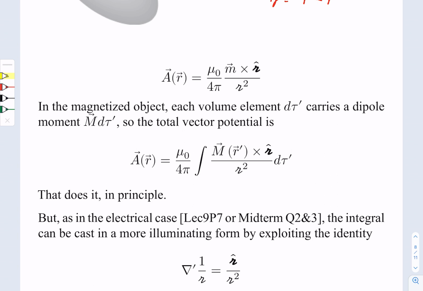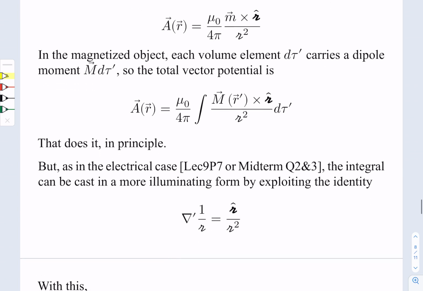And by the way, if you want to look at the derivation, you can go back and check the solution to the midterm. I've already posted the solution online in the PDF section, so you should know how to look it up.